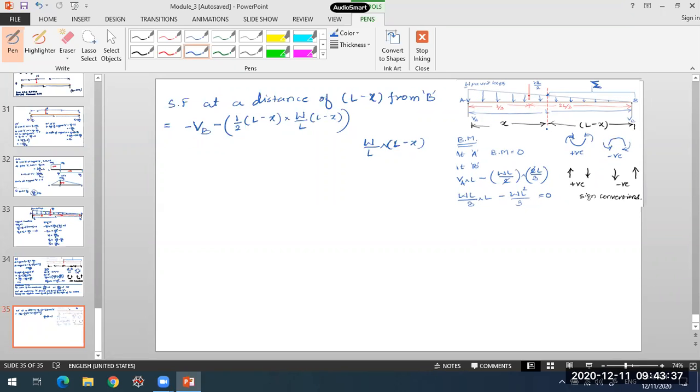This is my section that I have taken, section 1-1. If I substitute for VB, it is minus WL by 6.